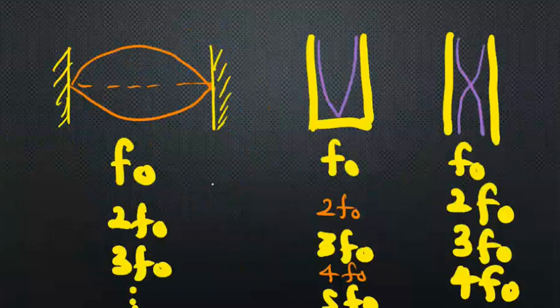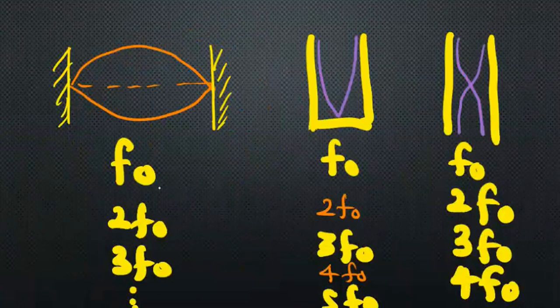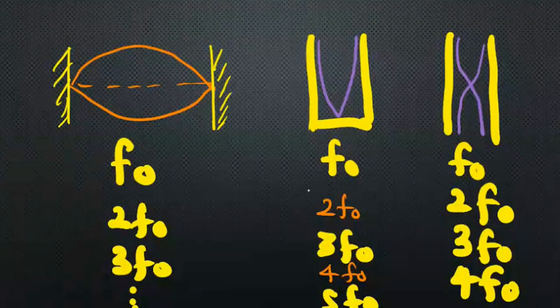Then from stationary waves we get overtones. For a stretched string we get f0, 2f0, 3f0, 4f0. Likewise we get all the harmonic values as overtones. But remember, in a closed tube we get f0, 3f0, 5f0 overtones. We don't get 2f0, 4f0 harmonics as overtones.